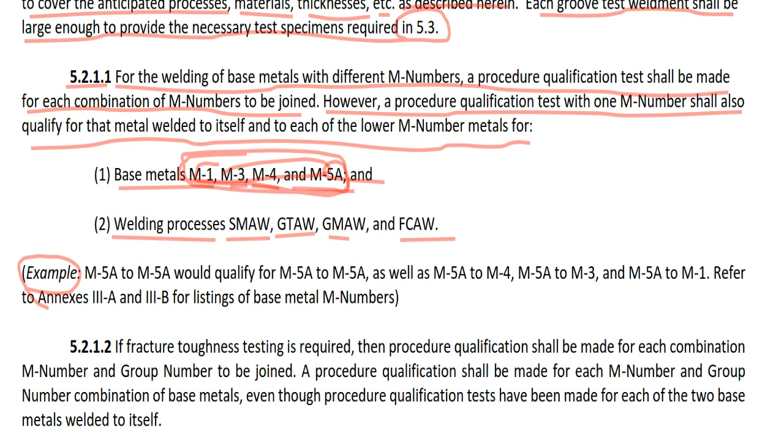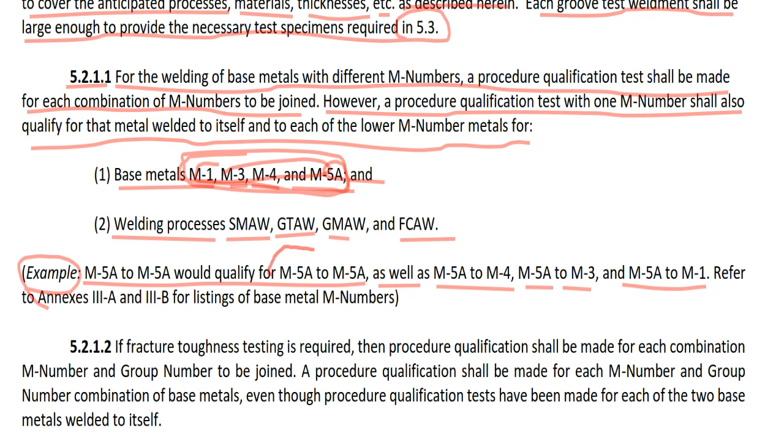An example here: M5A to 5A would qualify for M5A to 5A, as well as M5A to M4, M5A to M3, and 5A to M1.